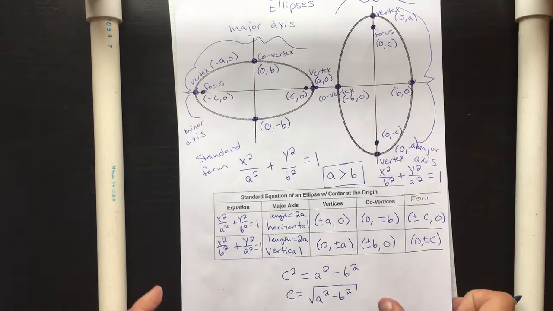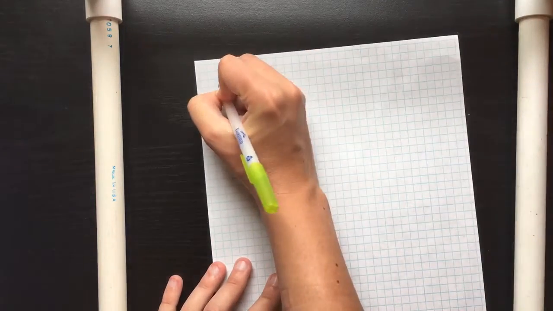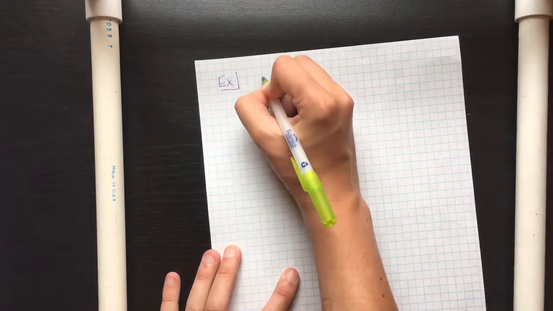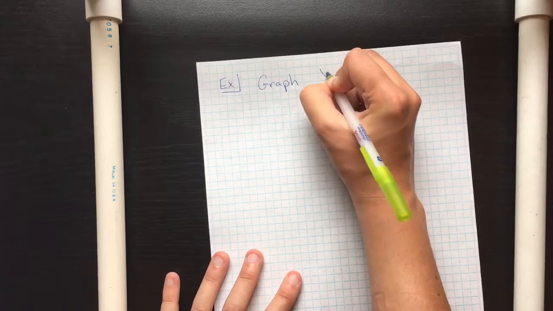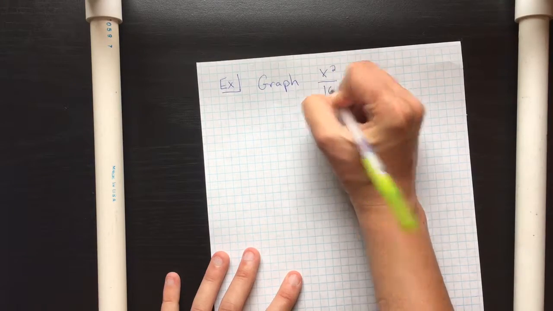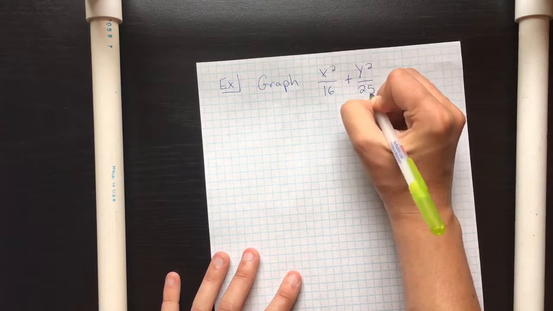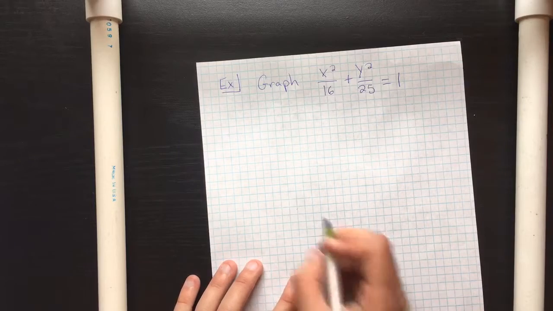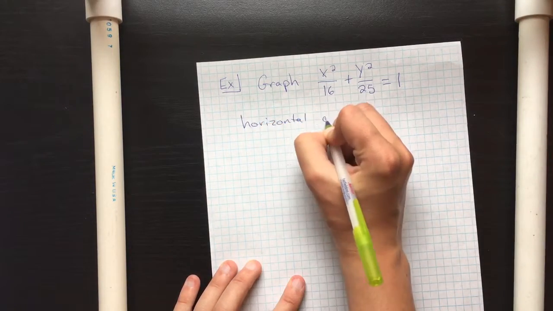All right, now we have an example. So flip your paper over or get a piece of graph paper for this example. We need to graph the ellipse x squared over 16 plus y squared over 25 equals 1. So first we need to decide, is this going to be horizontal or vertical?